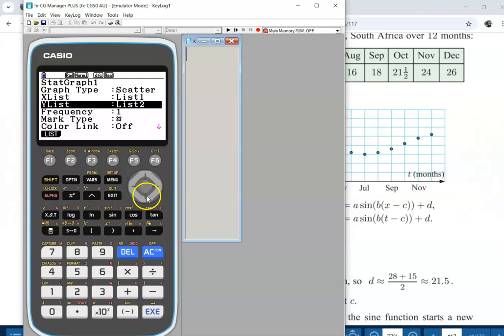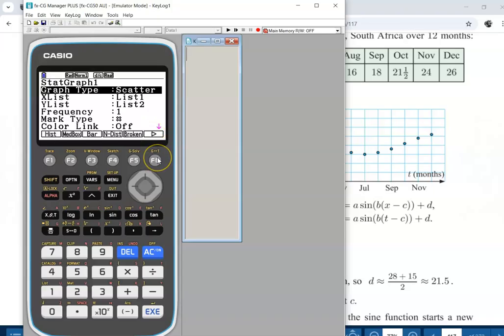Oh, and sorry, back up here. When we had scatter, the arrow key tells you you've got more. More, more, more. We're back to, right? So know how to play around with these things. You can go down if you want your marking type to be different.